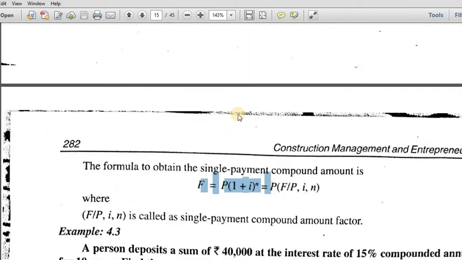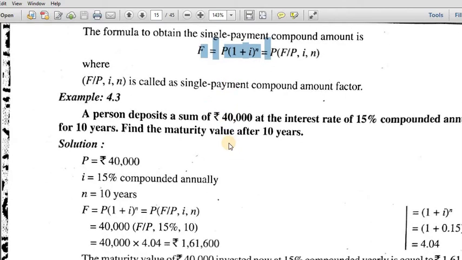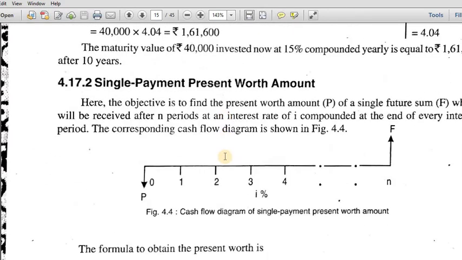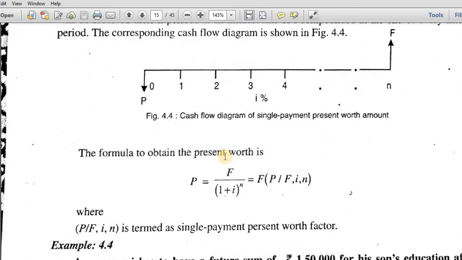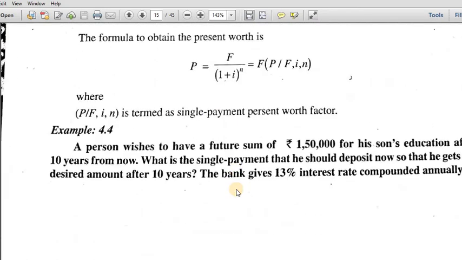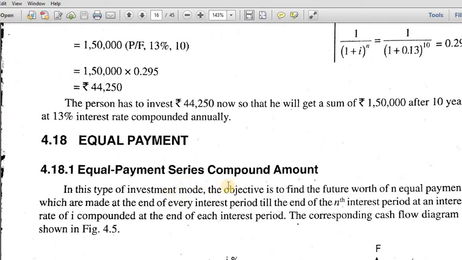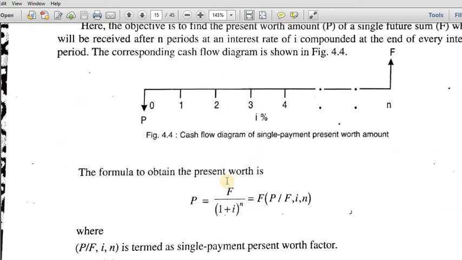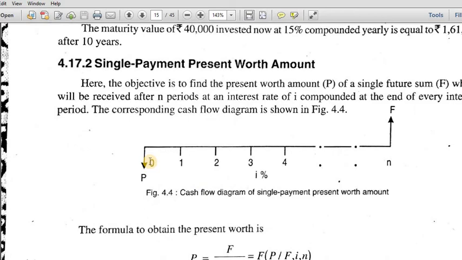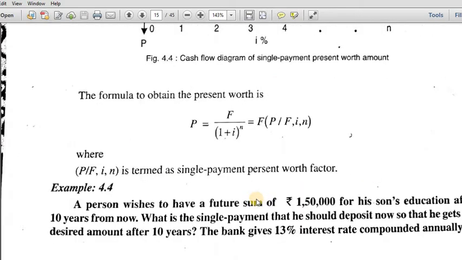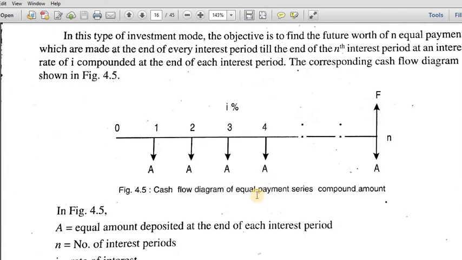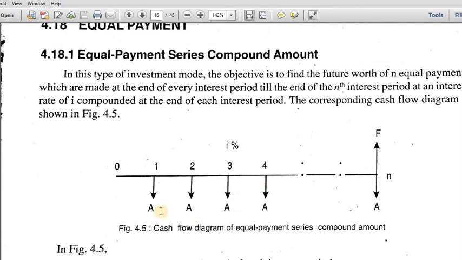Okay, fine. Next thing is the equal payment series. In the last problem, what had they given? One principal amount was there, and we asked for the future cost after 5 years. But here, a series of amounts is being paid. We'll start with 0.